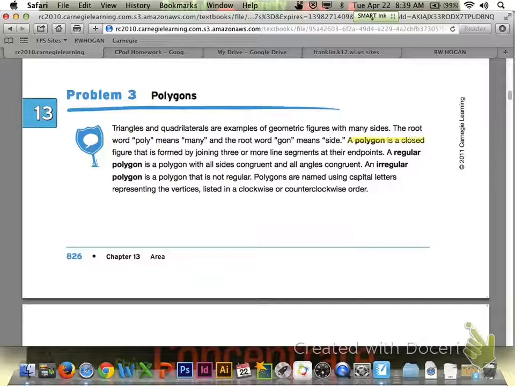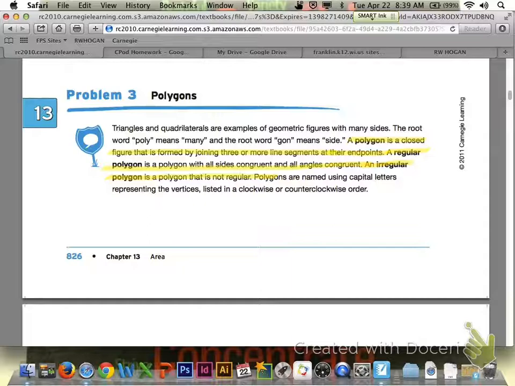A polygon is a closed figure that is formed by joining 3 or more line segments at their endpoints. A regular polygon is a polygon with all sides congruent and all angles congruent, and an irregular polygon is a polygon that is not regular. It's not going to have congruent sides or congruent angles.